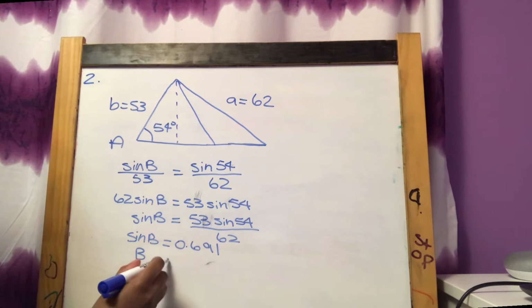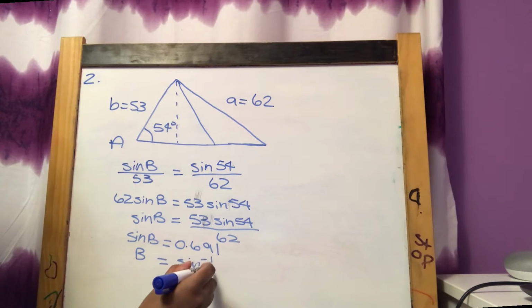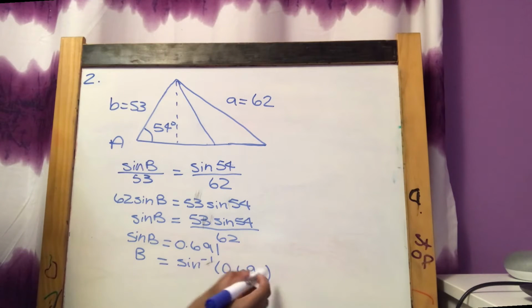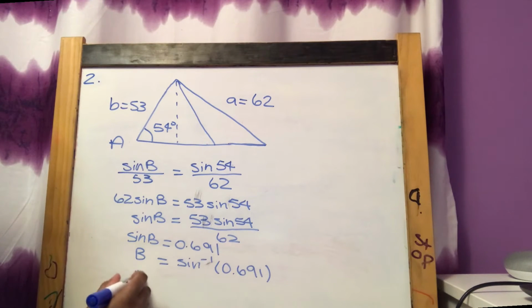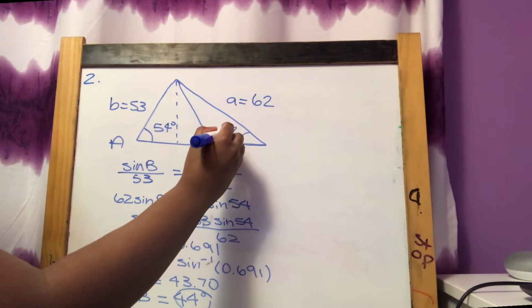Then I did sine inverse, so I could find the actual angle, and I put that into my calculator, and that gave me B equals 43.70, and so I just rounded it and made it 44 since it's 7. So now it would be 44 degrees for angle B.